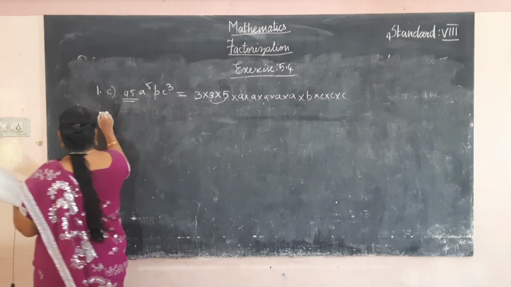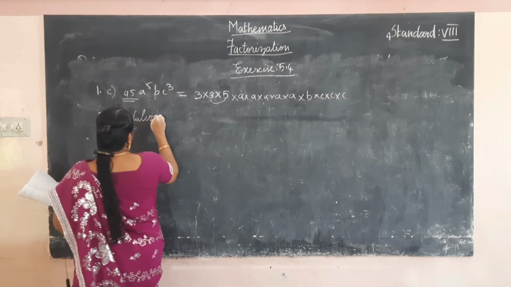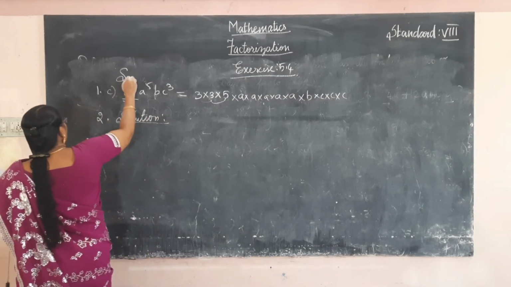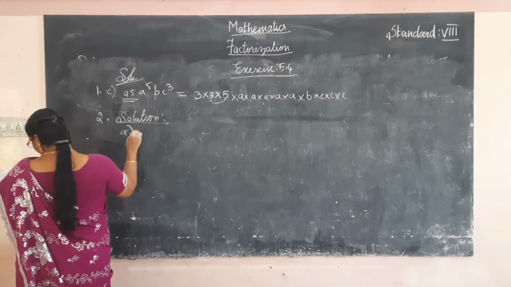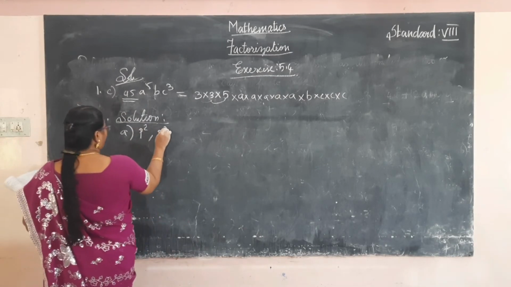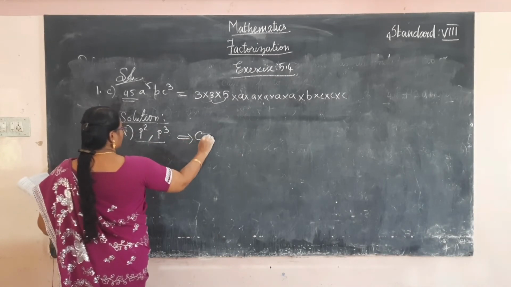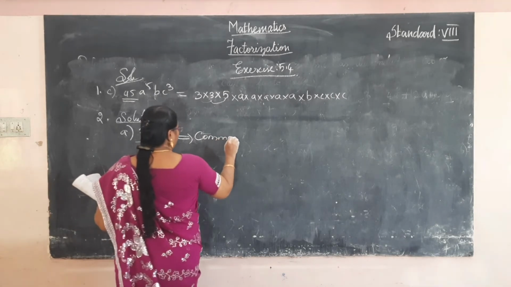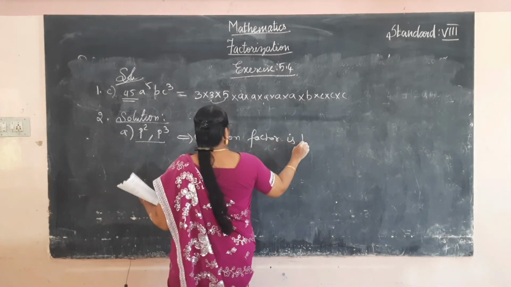Okay, so second one, a p square, p cube. Both having the common factor p squared.